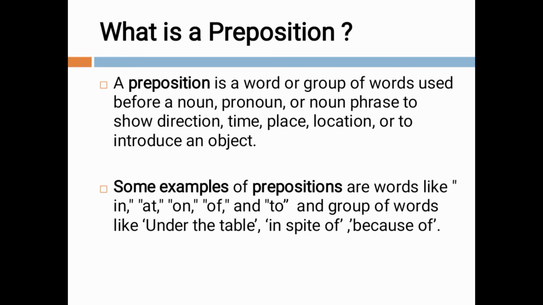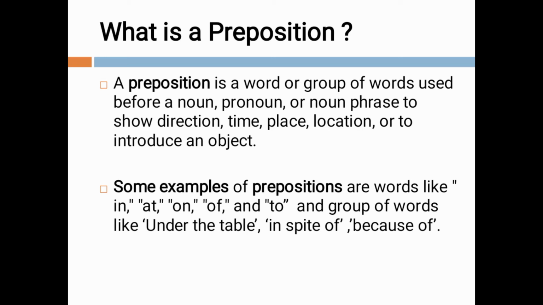A preposition is a word or a group of words used before a noun or a pronoun or noun phrase, and that will show you the direction, the time, the place and the location, and also it will introduce an object.